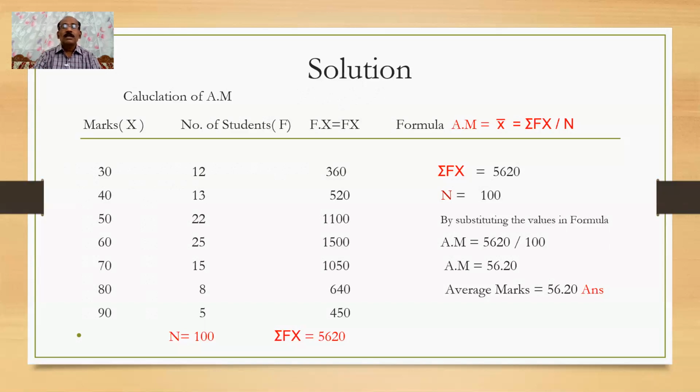Here, what is the formula? Arithmetic mean, x bar is equal to sigma fx by N. It is the formula. It is the principle for x bar. We know very well what we need to calculate the arithmetic mean.